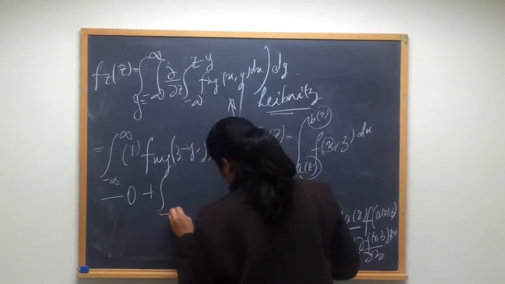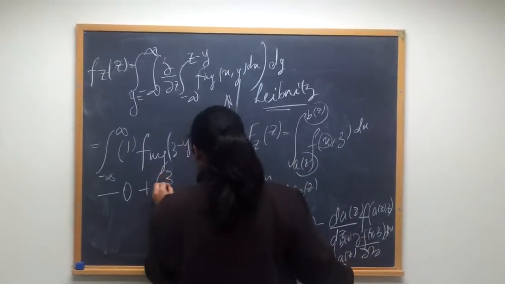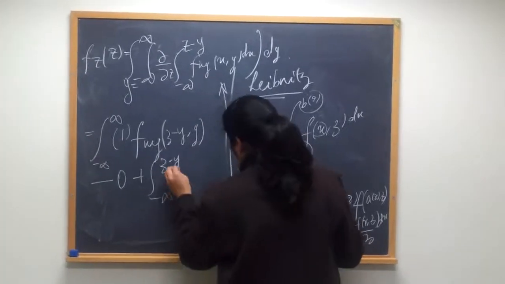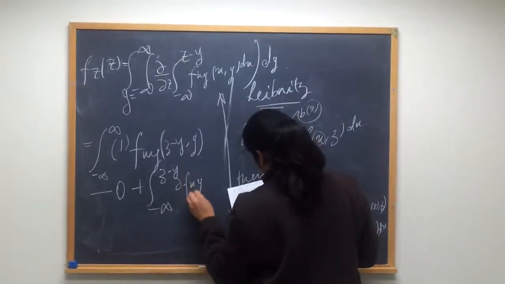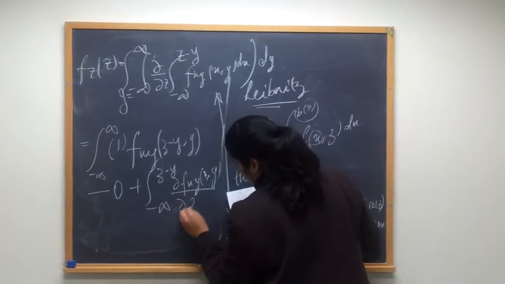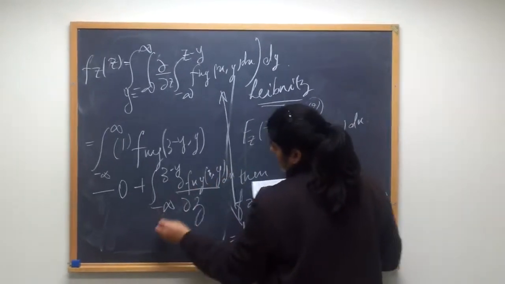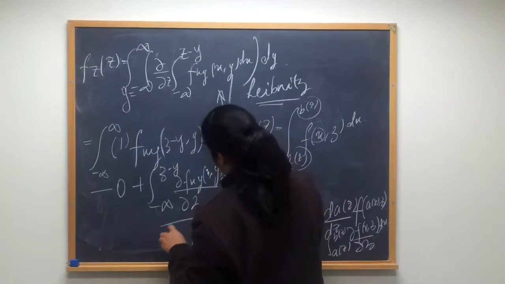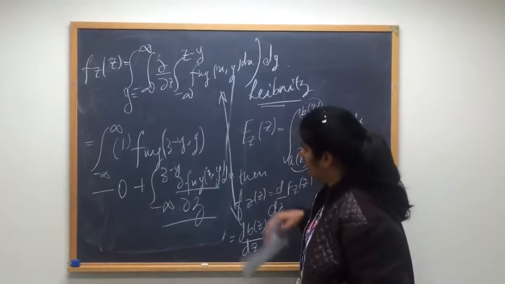Plus the integral from minus infinity to z minus y of the partial derivative of f_XY(x, y) with respect to z dx. This term will also be 0, as with respect to z this term is 0.